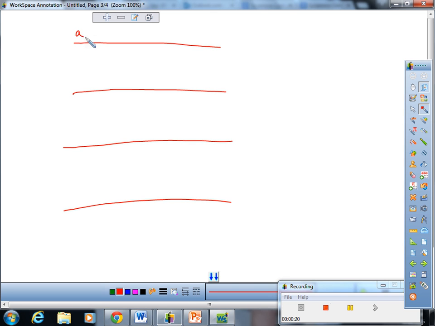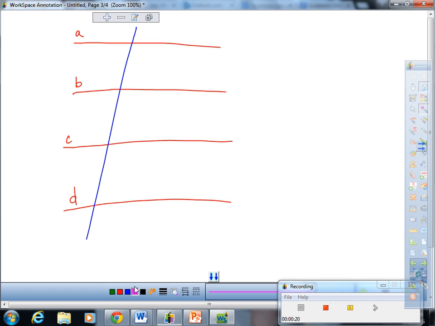The lines are A, B, C, and D. We have 2 transversals, F, K, G, M. N, O, J, P. Okay? And we're given all sorts of information. 2, 3, 4 here. Okay, that's what we're given.